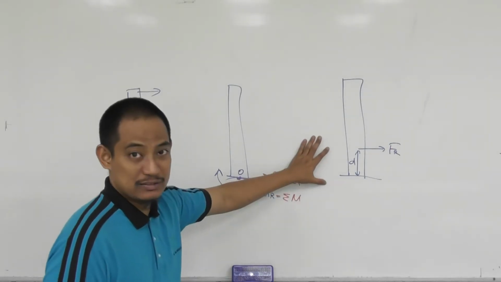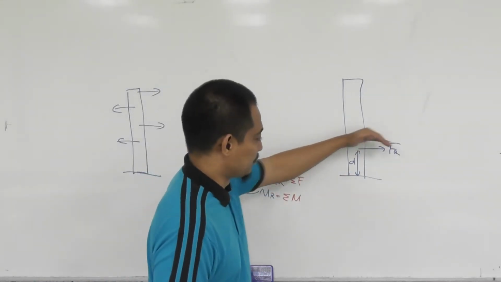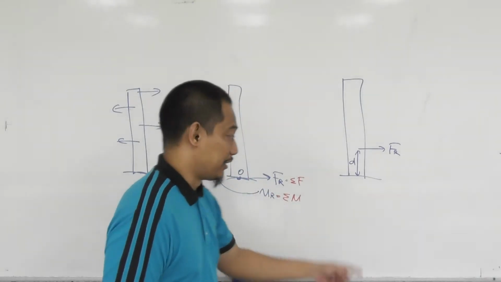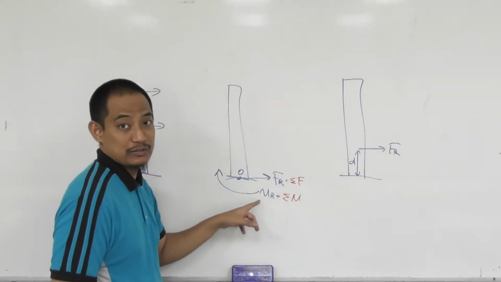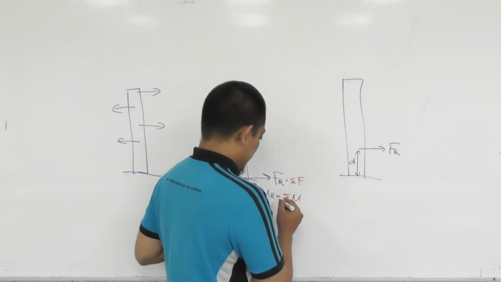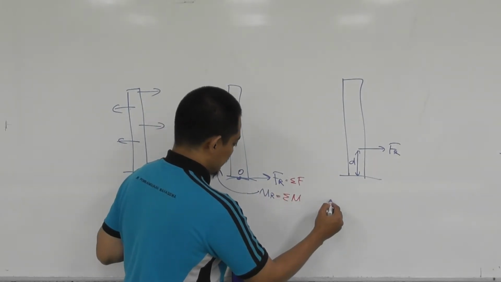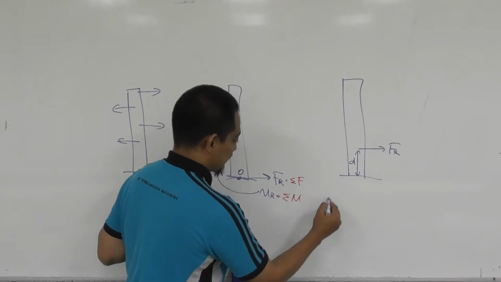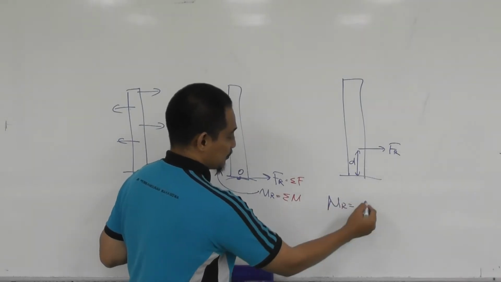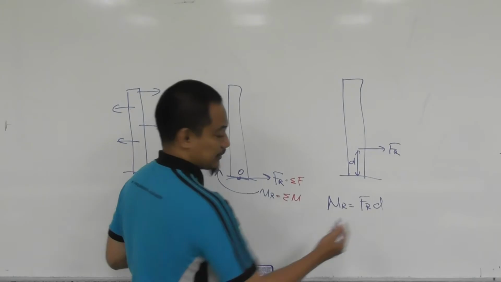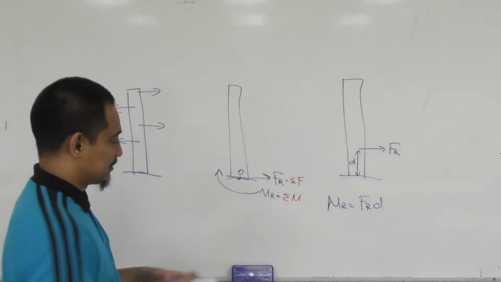So you need the distance, because this is the distance that produces the moment clockwise, which equals this clockwise, right? So in that case, this moment here, MR, should equal FR times distance, right? Because the effect is the same.